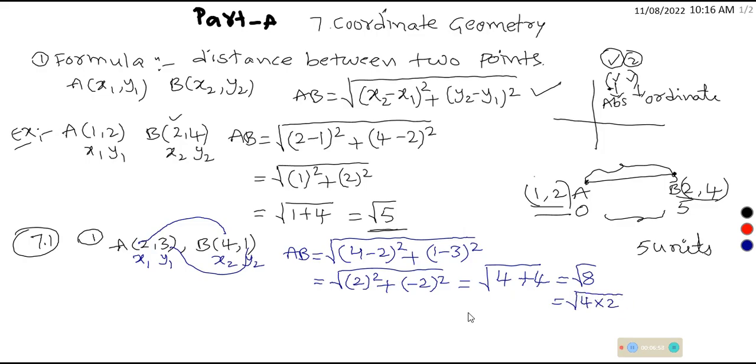Again we divide this root into root 4 into root 2. Root 4 value we know, that is 2, so 2 root 2 will be the distance between the given 2 points. But distance is always measured in centimeter, meter, kilometer, and it did not mention any units here, no. So we have to write units here: 2 root 2 units will be the distance between these 2 points. I hope you are all clear how to find the distance between 2 points.